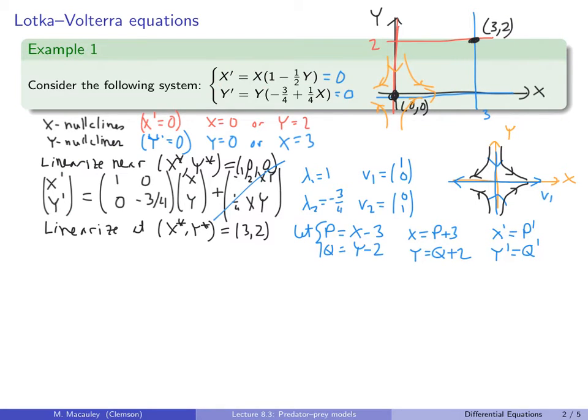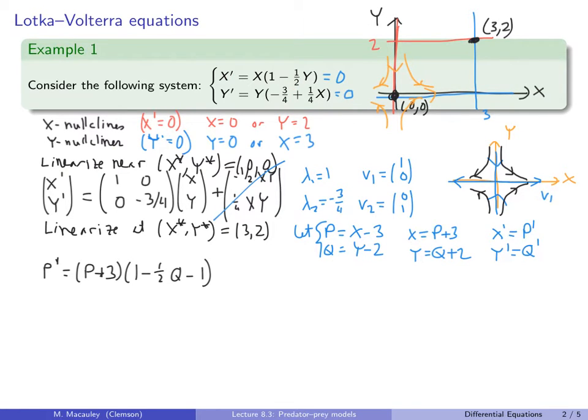So to start, what's going to happen? X prime is going to be p prime, x is going to be p plus 3, and then we're going to plug in q plus 2 in for y. So we get p prime equals p plus 3 times 1 minus 1/2 q minus 1. Are you okay with that?